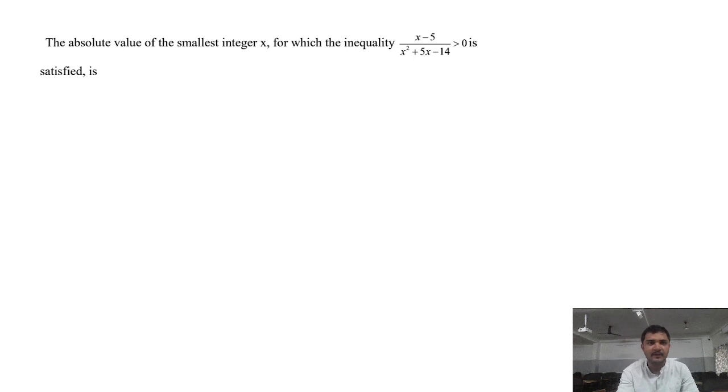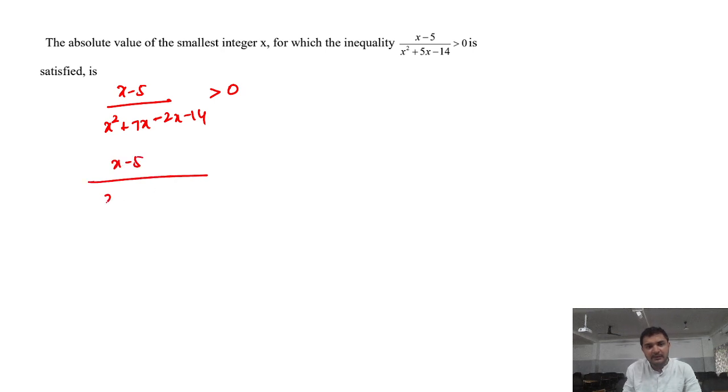Basic question: the absolute smallest integer x for which the inequality is satisfied. x minus 5 by x square plus 7x minus 2x minus 14 greater than 0, right? In that case, we will get x minus 5 by x plus 7 into x minus 2 greater than 0.